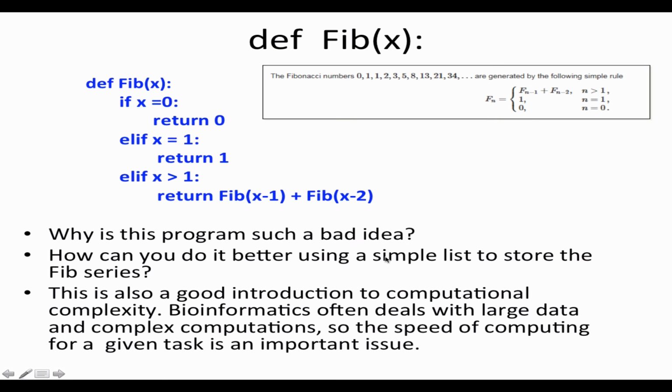Now, what's really interesting is in Rosalind, the developers have given you a little dissertation about why writing the program in this seemingly logical way that follows directly from the definition is a super bad idea. And the problem with it is it counts down from whatever number you give it, right? So if you give it fib of 20, then it has to calculate fib of 19 and fib of 18.